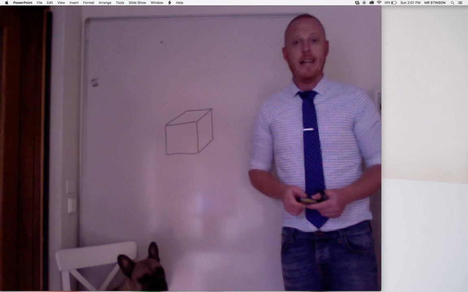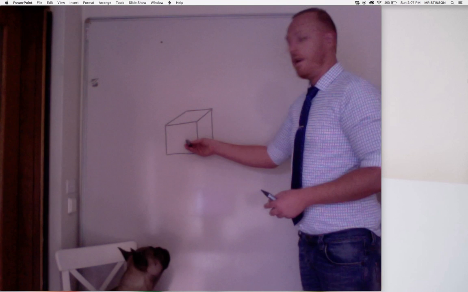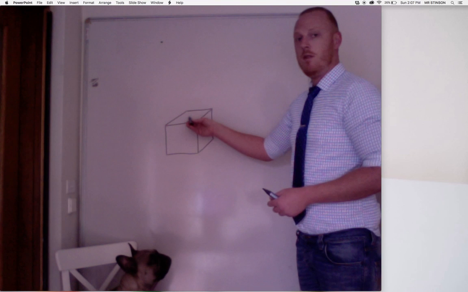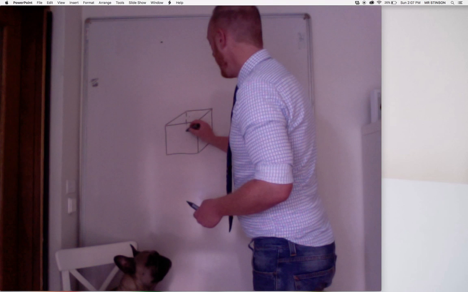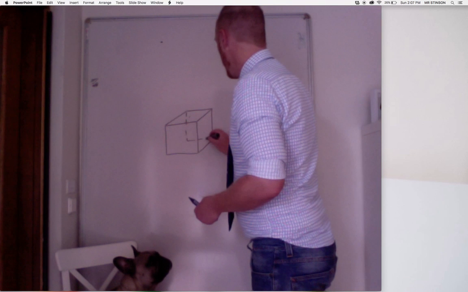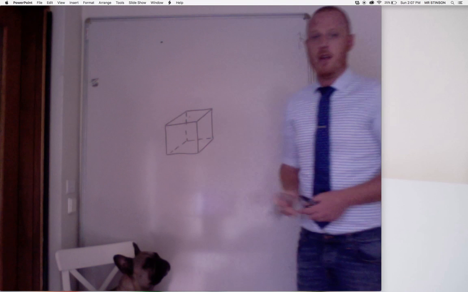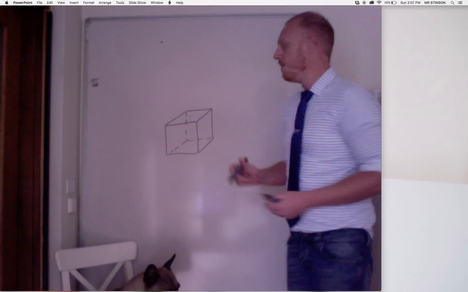Let's locate how many sides a cube has. 1 at the front, 1 on the side, 1 on the top. But we know that there are more. There's 1 at the back, 1 at this opposite side, and 1 at the base. Therefore, a cube would have 6 sides.